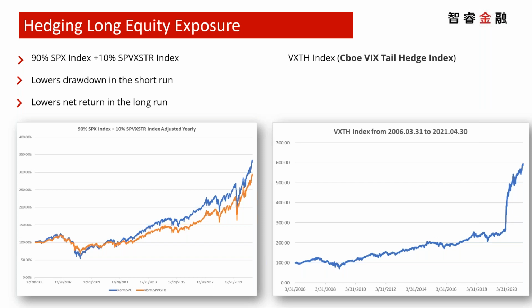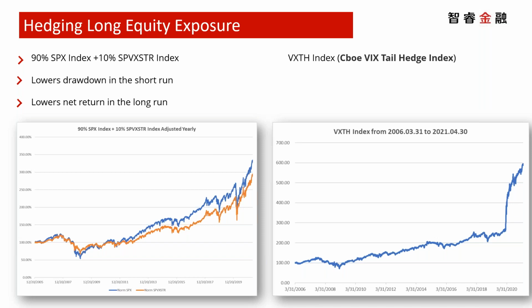From the chart on the left, you can see that it does lower the drawdown in the short run, but at the cost of the longer term net return. Whether this is a desirable consequence is up to everyone's judgment.